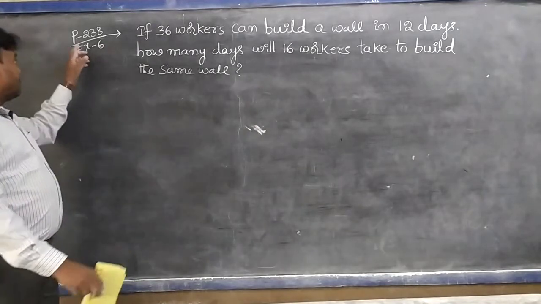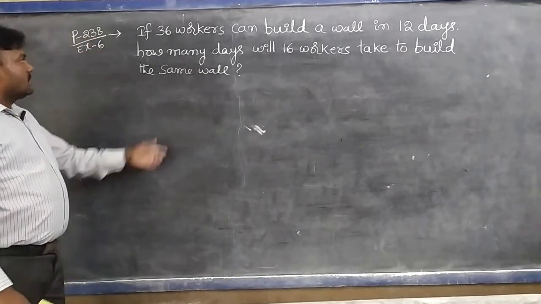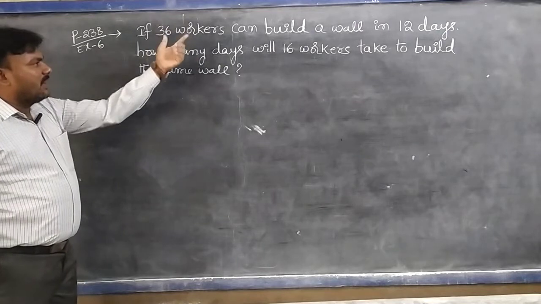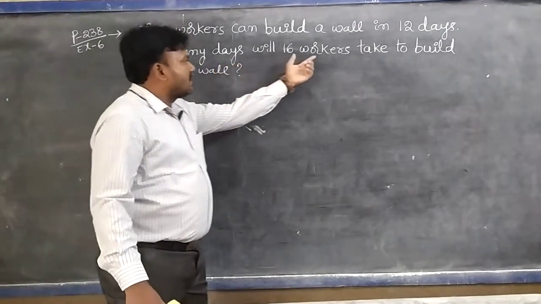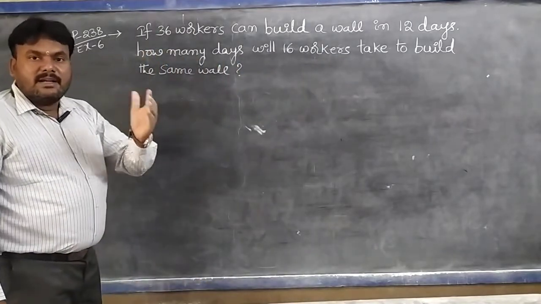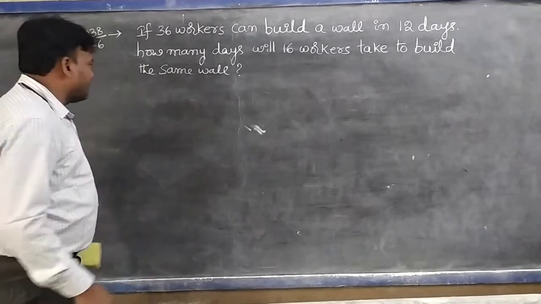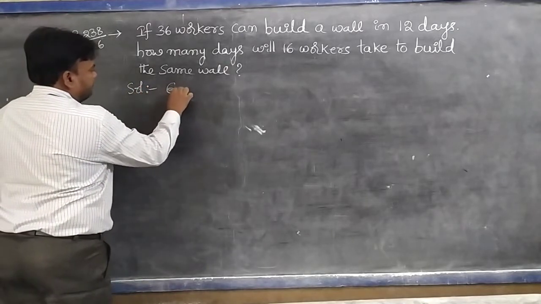Observe, students, page number 238, example 6 in your textbook. If 36 workers can build a wall in 12 days, how many days will 16 workers take to build the same wall? First, identify the two quantities, students.